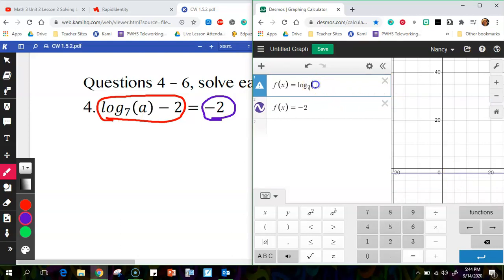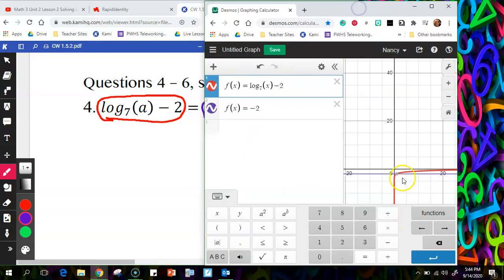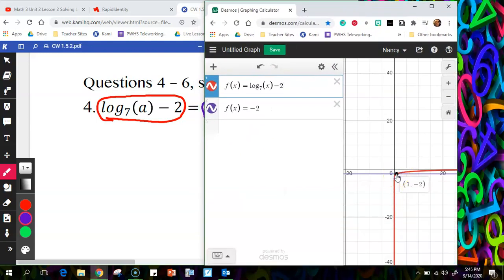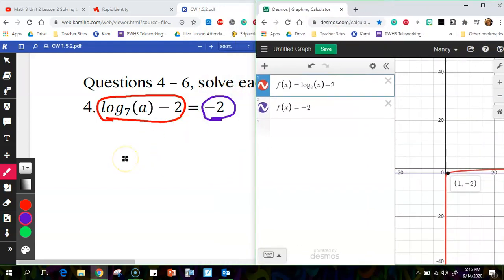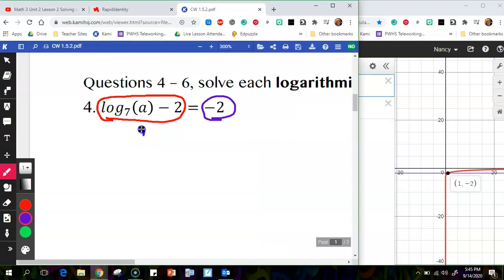And then in the parentheses, don't put an A, always put an X. So no matter what their variable is, use an X. Parentheses, minus 2. Okay, let's see what it looks like. There's my intersection right there. The answer is 1. So A equals 1. You only want the X value. The Y value doesn't matter, just the X value.